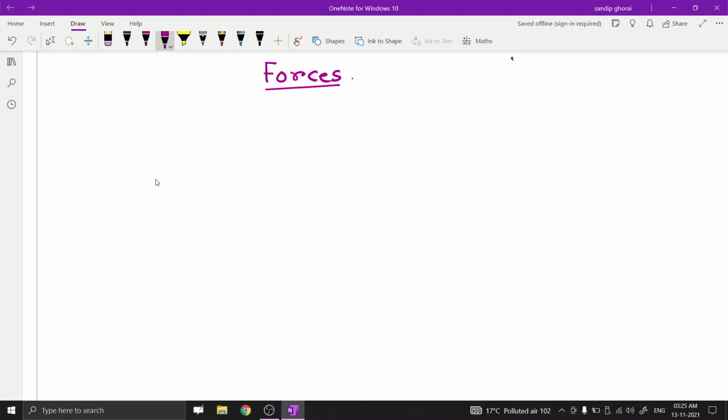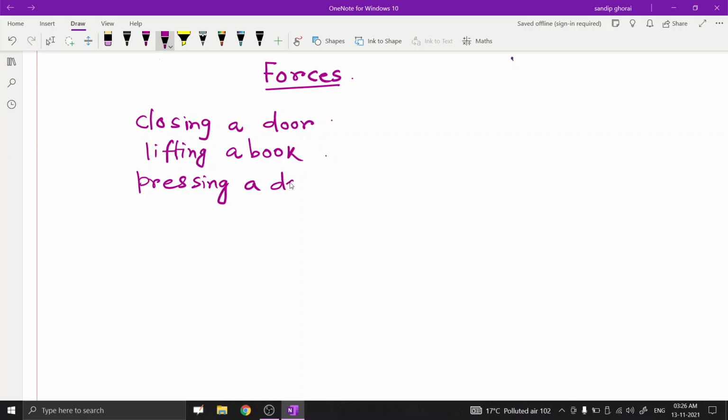In our daily life, we perform various types of work like closing a door, lifting a book, pressing a doorbell, etc. In these cases, we use a physical quantity that is named force.